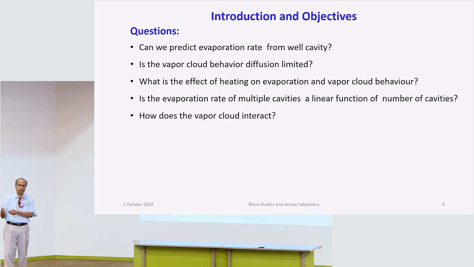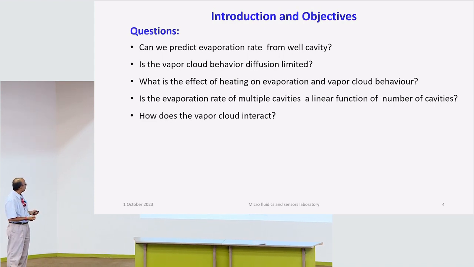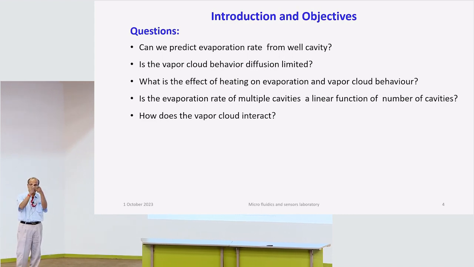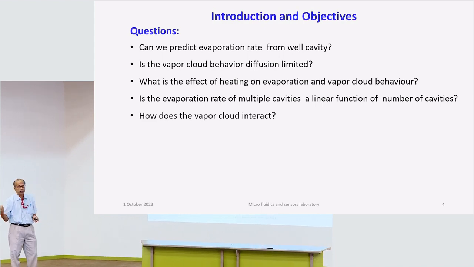But for a cavity, nothing was available as far as the evaporation rate from the well. Then, if we want to model the vapor cloud behavior, we tried to use the diffusion assumption, but is it really true or not? We tried to give some explanation, but had nothing to verify it.